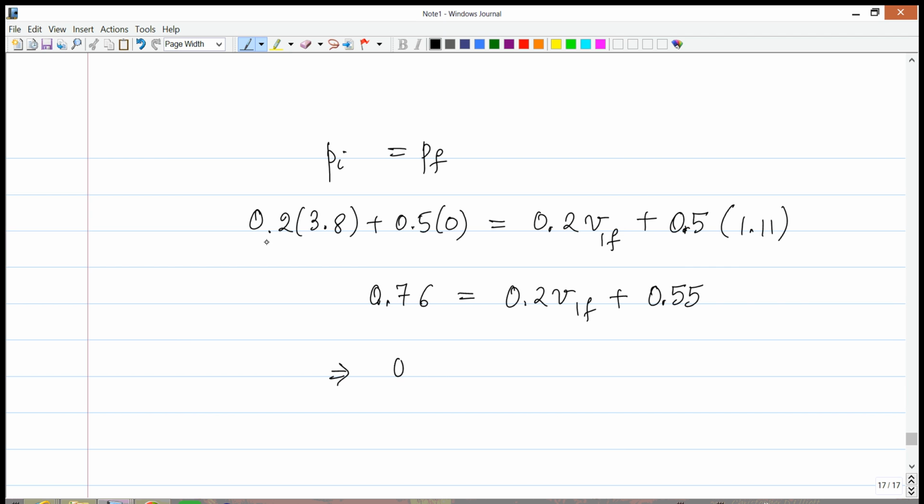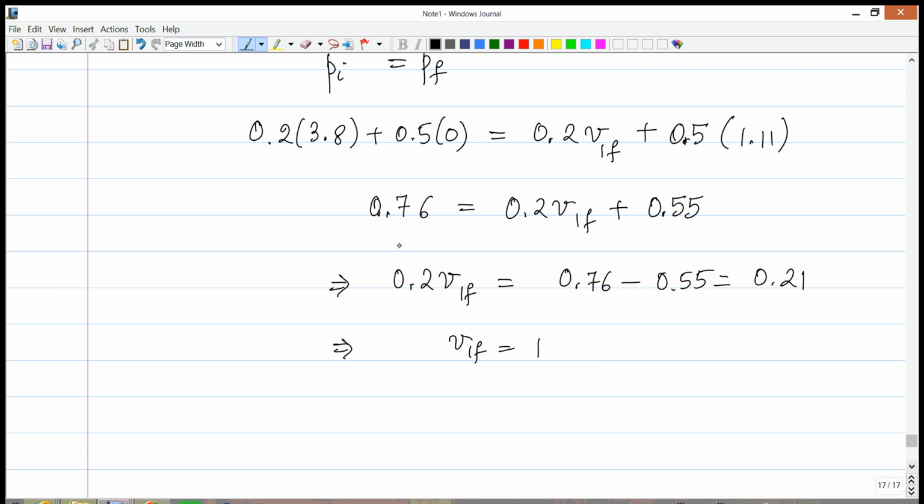So this gives us 0.2 v1f is equal to 0.76 minus 0.55, which is equal to 0.21, and this gives us v1f is equal to 0.21 divided by 0.2, which is approximately 1 meter per second. Okay, great.